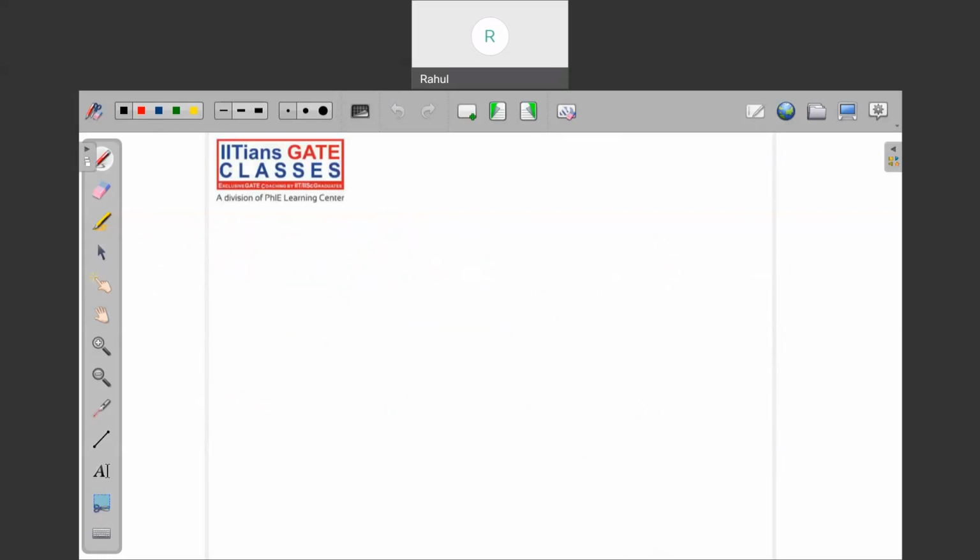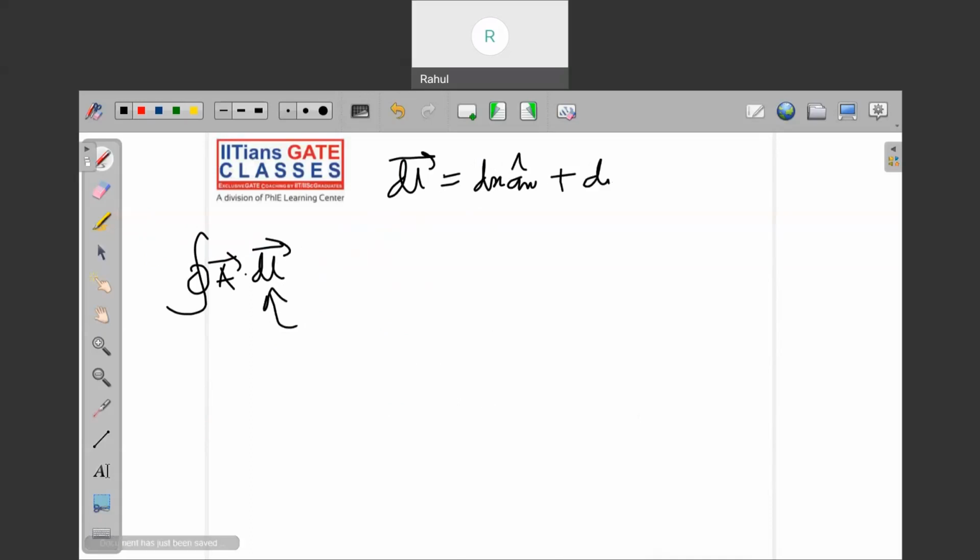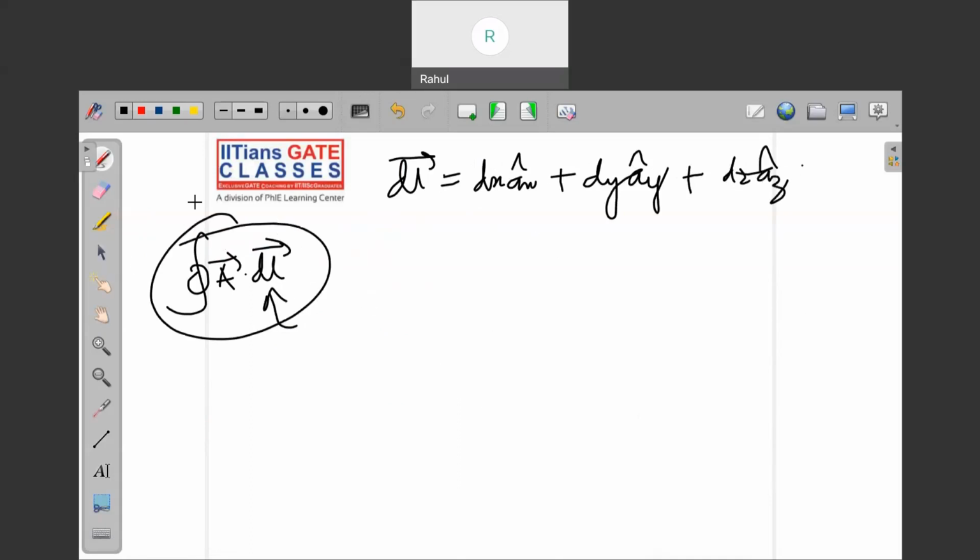So we have got dl. You have to keep this in mind, dl, because sometimes you will be asked to find A dot dl, like this. So in place of this dl, you can substitute this expression, dx ax cap plus dy ay cap plus dz az cap, so that you will be able to compute this integral.